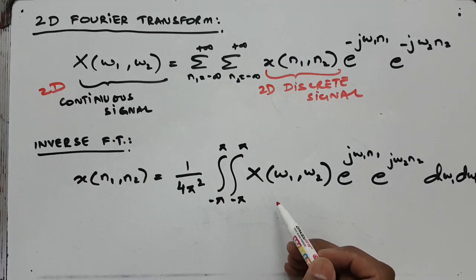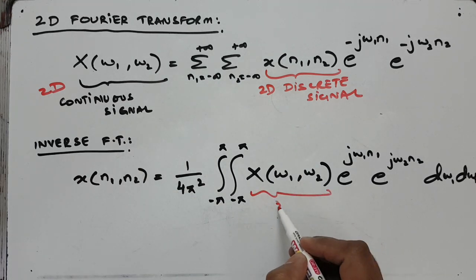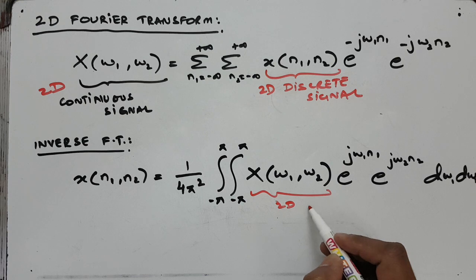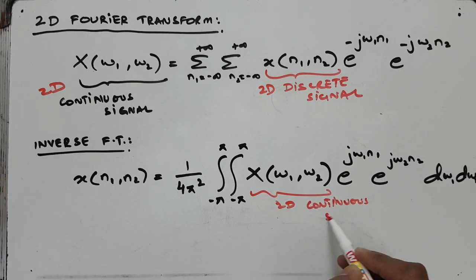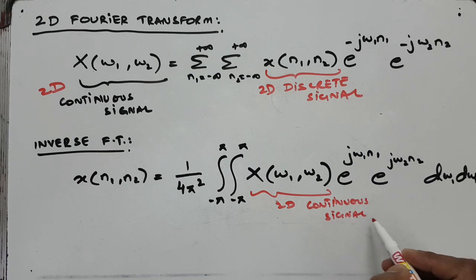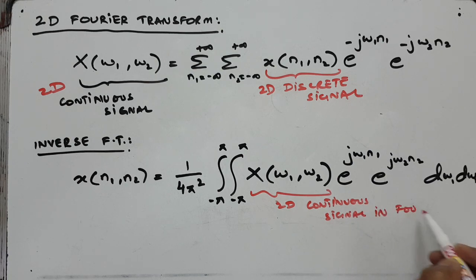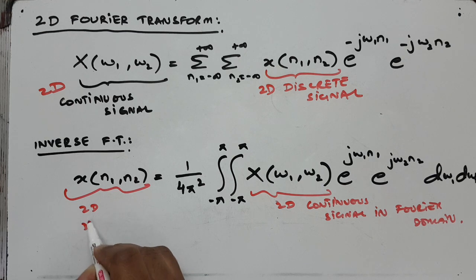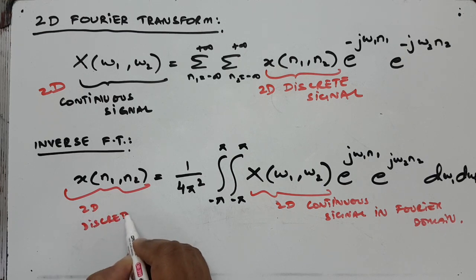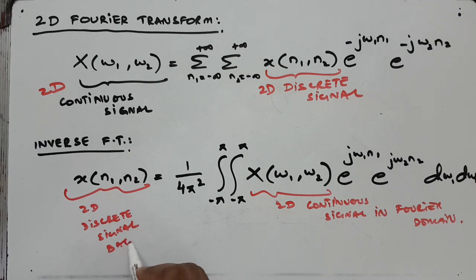We have the 2D continuous signal here in Fourier domain, and we get our original 2D discrete signal back.